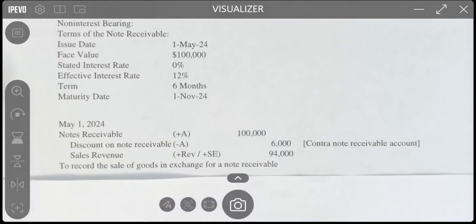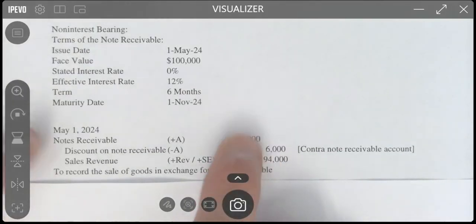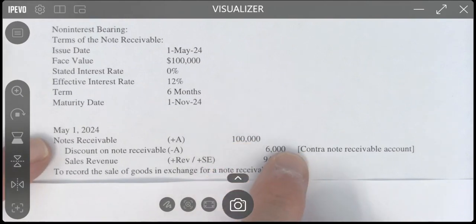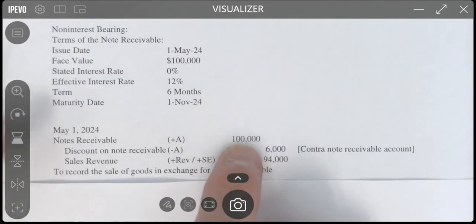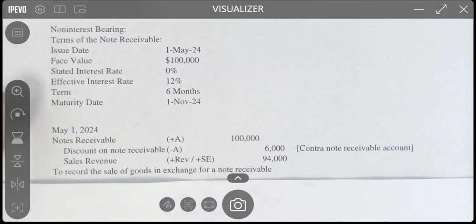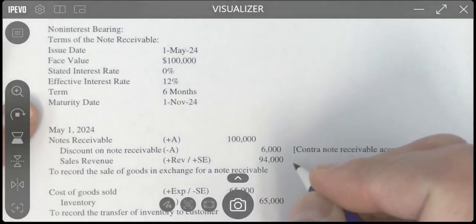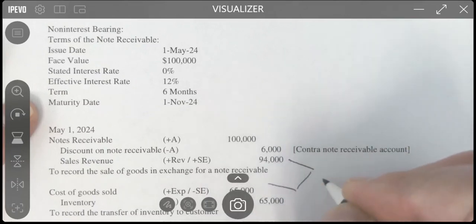And here's the accounting for that. Sales revenue is $94,000, and then that $100,000 payment we're going to get in 6 months, that's $6,000 of interest and $100,000 of note receivable. So the difference between this case and the last case is our profit on the deal is only $29,000.